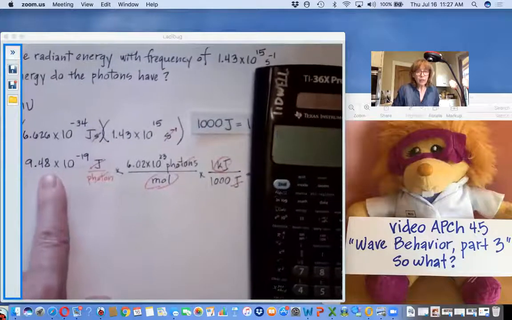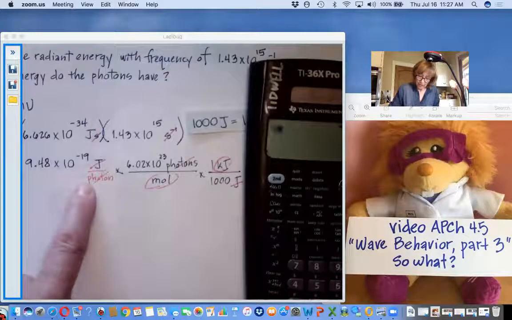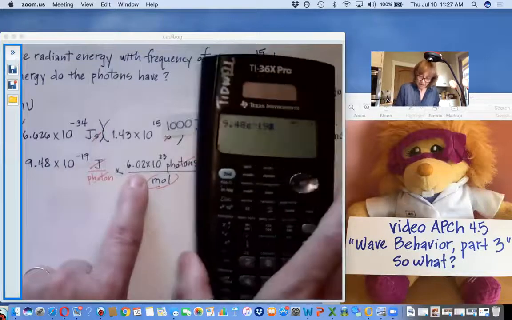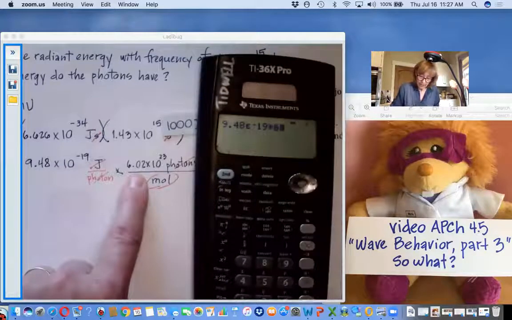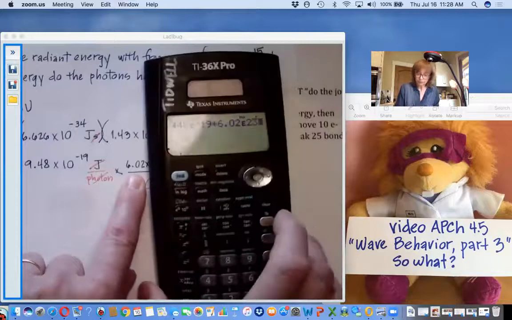So here was the energy of my photon, 9.48 times 10 to the negative 19. I am multiplying that by Avogadro's number. That's my numerator.